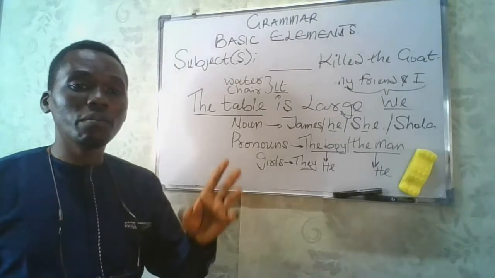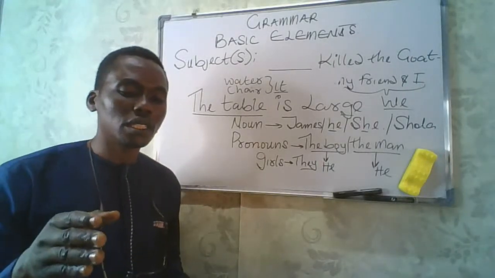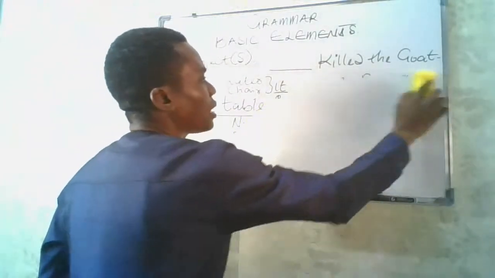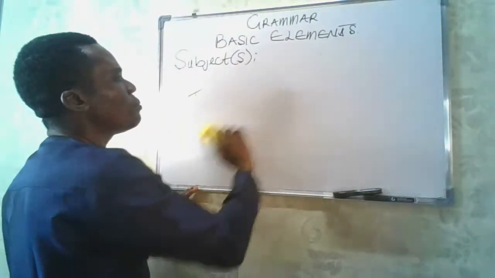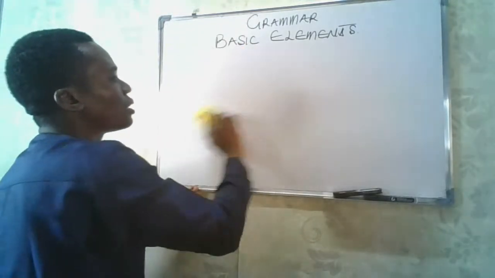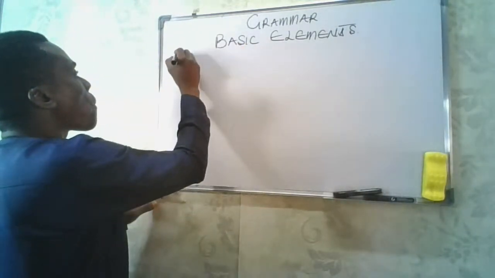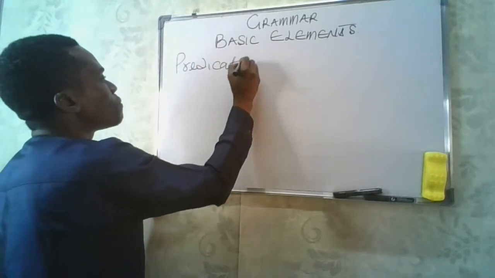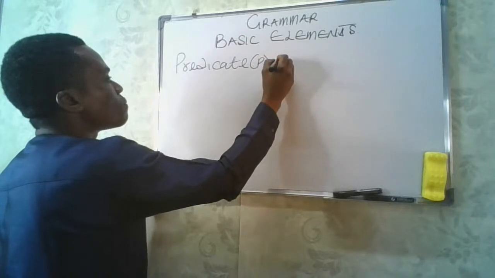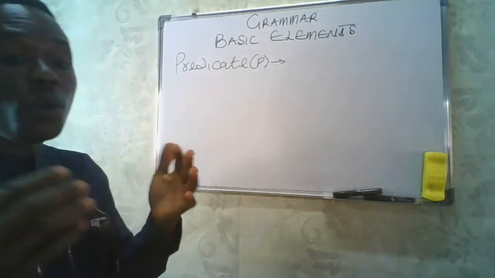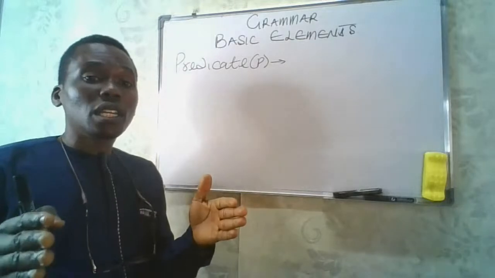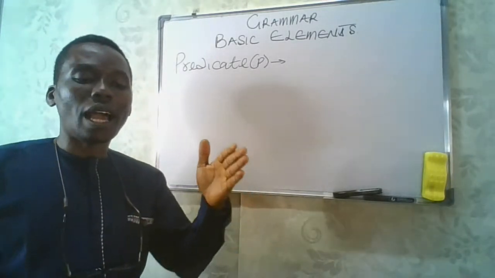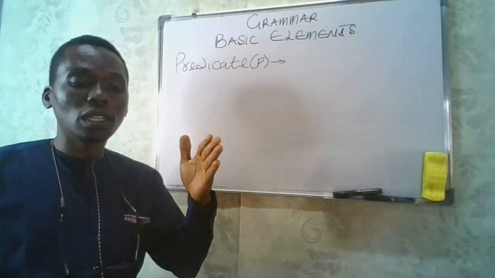The next basic element we talk about is the predicate. Now, what do we mean by the predicate? When we talk about the predicate, simply put, it refers to what? The verb. That is the actions that are done in the sentence.